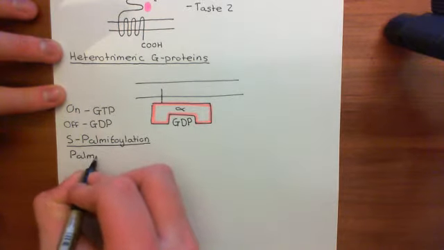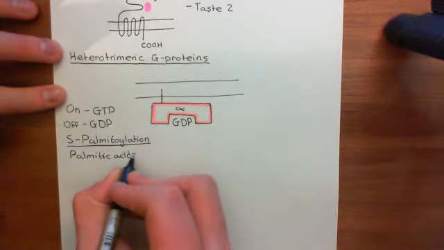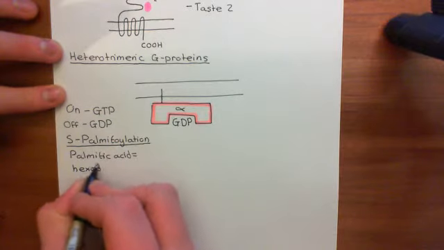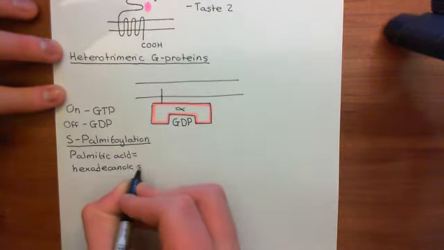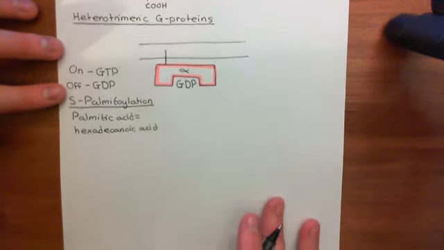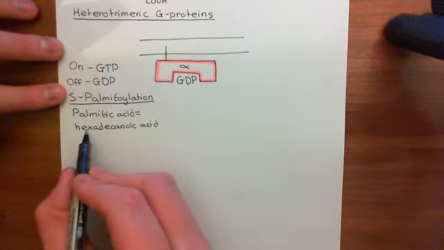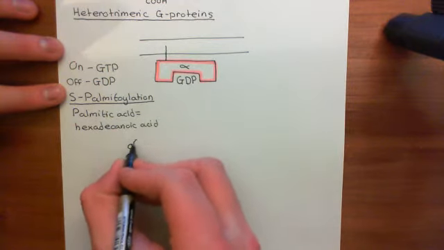Palmitic acid is the old name for a molecule that would now be called hexadecanoic acid. Although hexadecanoic acid is a bit more of a mouthful than palmitic acid, it's a useful name because it tells us exactly what we're dealing with here. It tells us that we're dealing with a 16-carbon, fully saturated carboxylic acid.